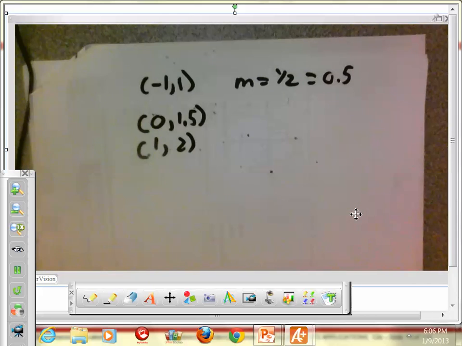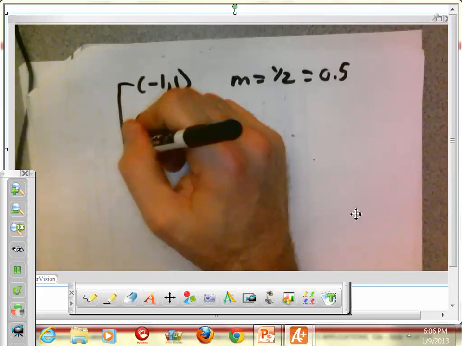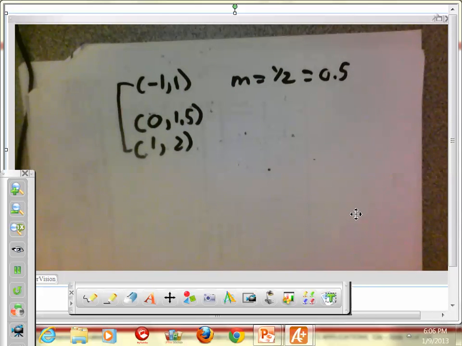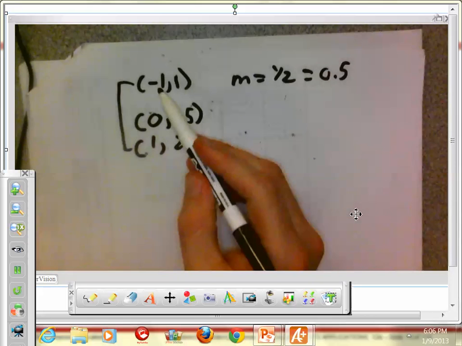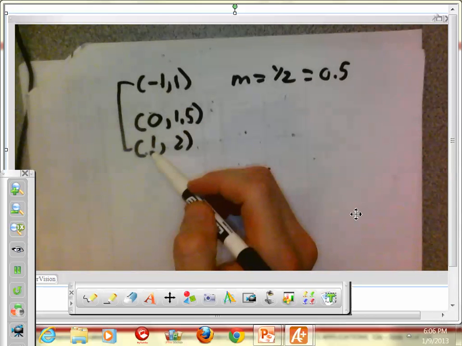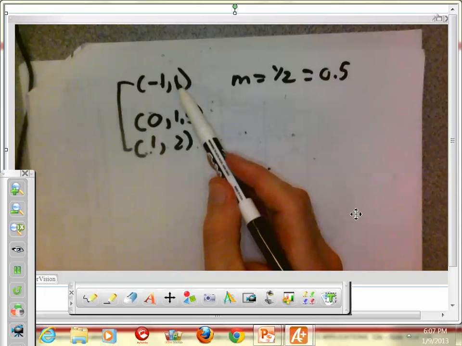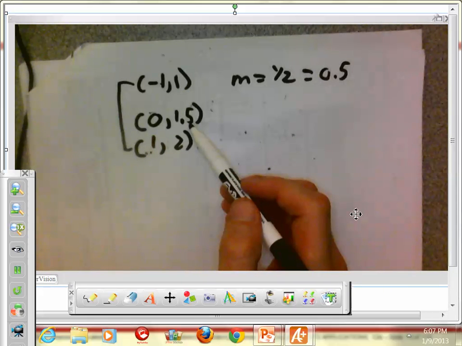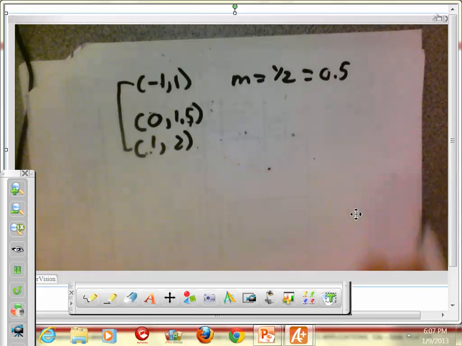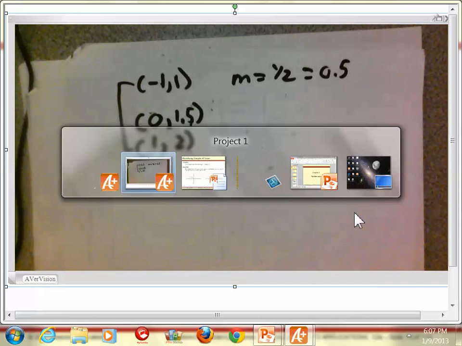And what they do is they go directly from -1, 1 to 1, 2. They add 2 to negative 1, so I end up with 1. And since I added 2 here, I have to add 0.5 twice. So 1 plus 0.5 is 1.5, plus another 0.5 gives me 2. Okay? So that's exactly what they're doing here.